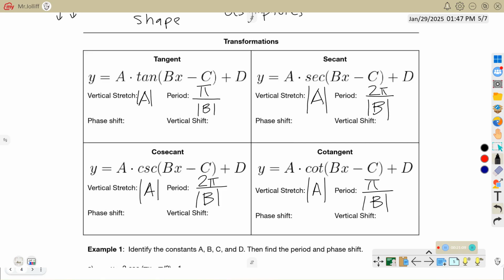Okay, so we've dealt with the up and down stretch and compress. We've dealt with the side to side stretch and compress. Now we're going to talk about the translations: sideways shift, vertical shift. And this is where it gets gross. So phase shift is going to look the same as it did before. How did we calculate our phase shift before? C over B. Same for these guys.